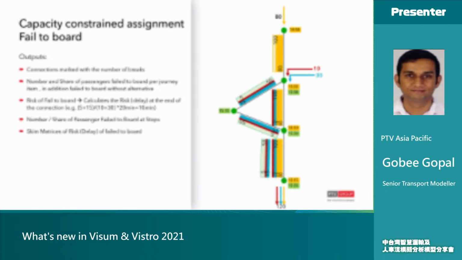What is the delay? It is the number of passengers who failed to board at the stop, and then a matrix of the risk delay of failing to board. What you get here on my right is a picture where 80 people are entering the corridor, the station. The red color shows how many people failed to board. So this is the capacity constraint assignment with fail to board.